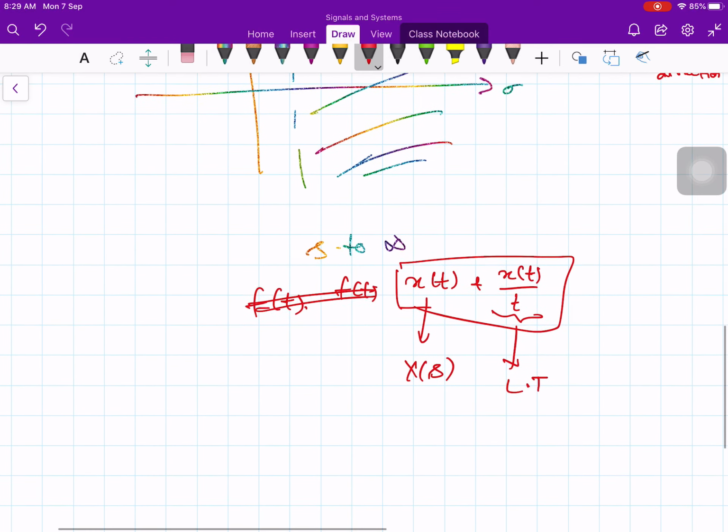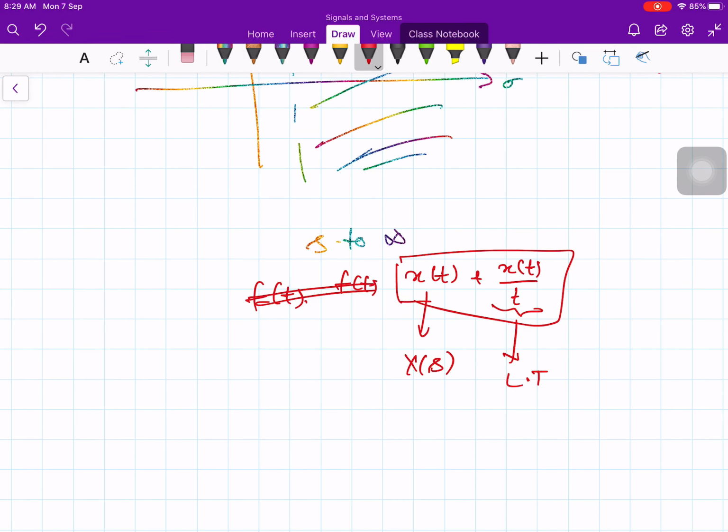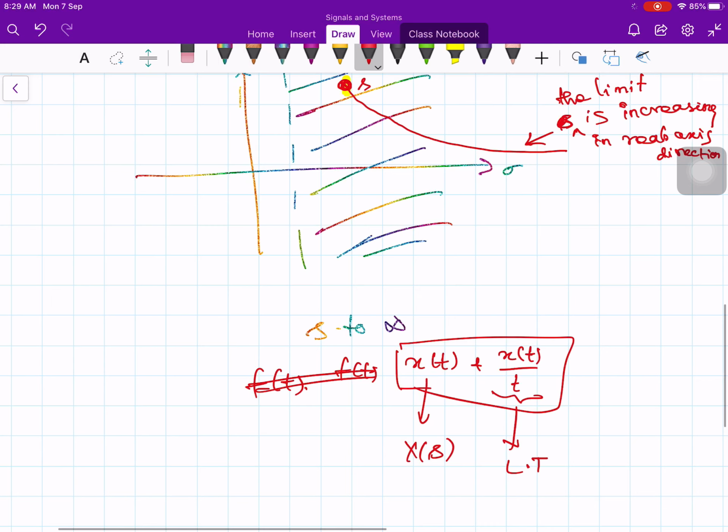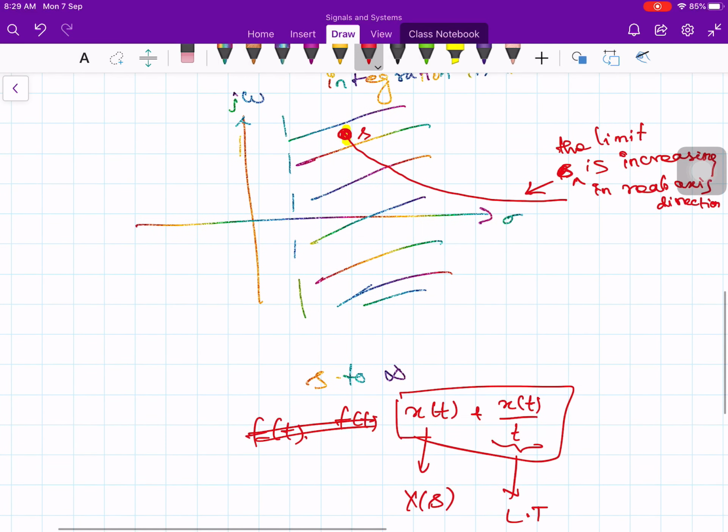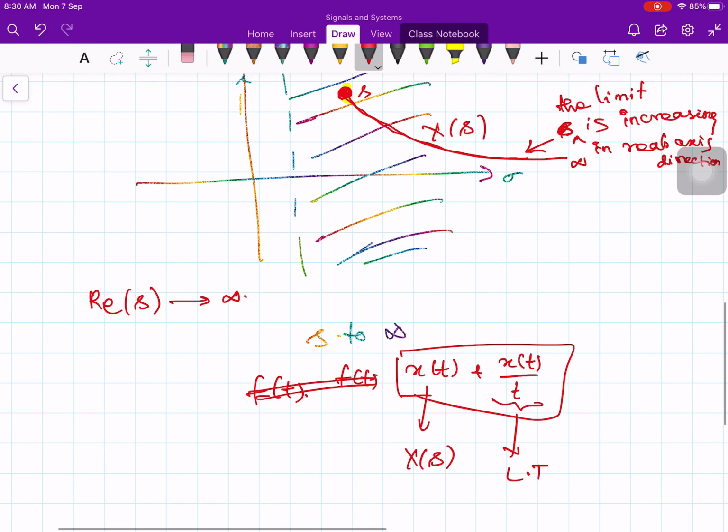Then we take any point, let's say this point is s here, and integrate x of s along this curve, over some contour starting from this point and going up to infinity, so that the real part of s goes to infinity. That means when you take s equals infinity, at least the real part of s is going to infinity. So one can possibly say that the point on the x-axis going towards infinity is the end point.